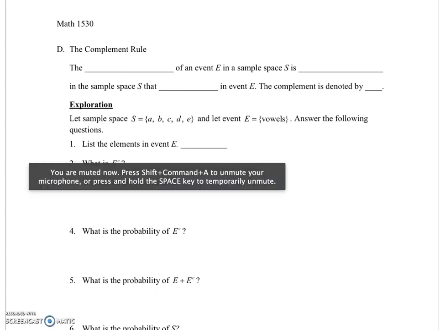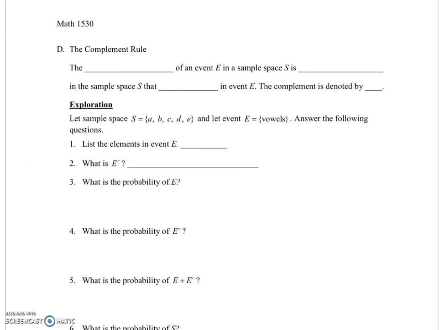So now we need to talk about the complement rule. The complement of an event E that's in a sample space S is all the outcomes that are in the sample space that are not in event E. And the complement in our book is denoted by the same letter as the event with a little c subscript, which stands for complement.